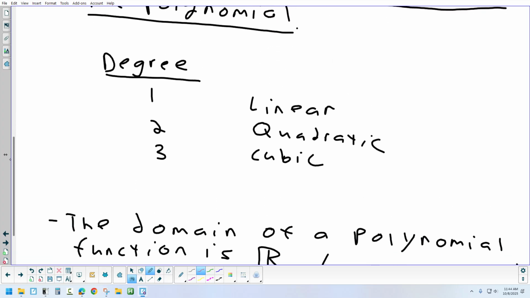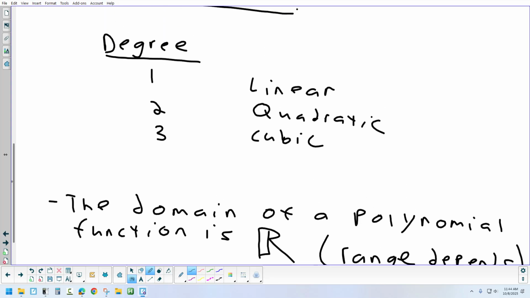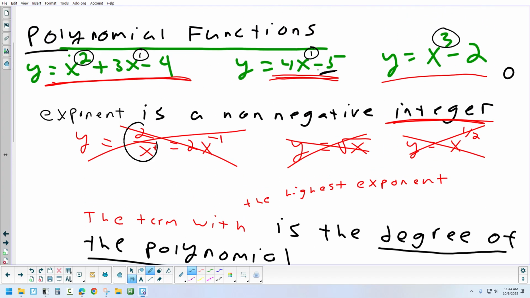I don't know. The nice thing about polynomials is you never have to worry about the domain. You can plug in any number you want. The domain is all real numbers. Because there's 2 things you're not allowed to do that would mess up your domain. One is to write something with a variable in the bottom. Variables in the bottom are not allowed in polynomials.